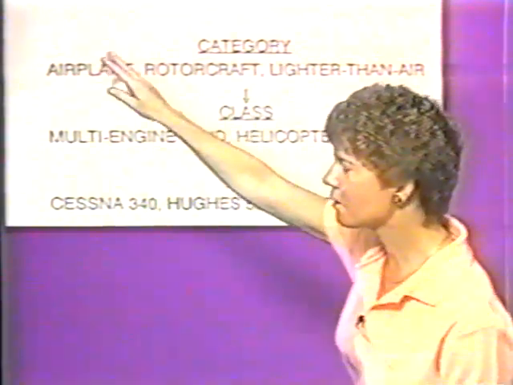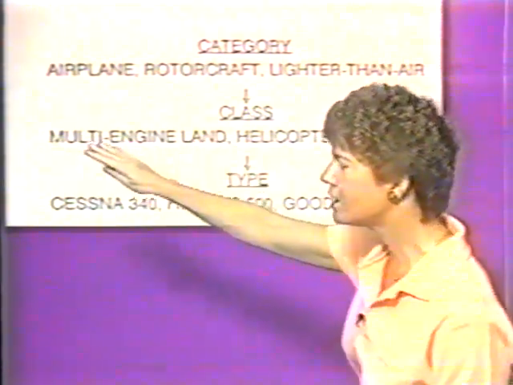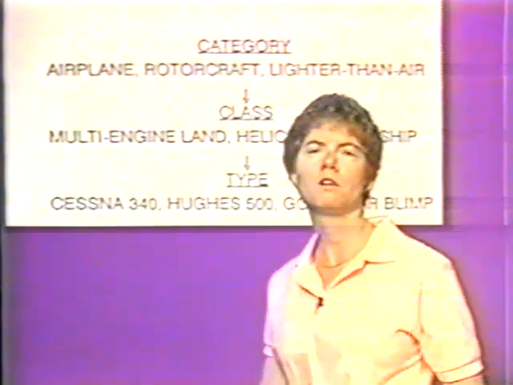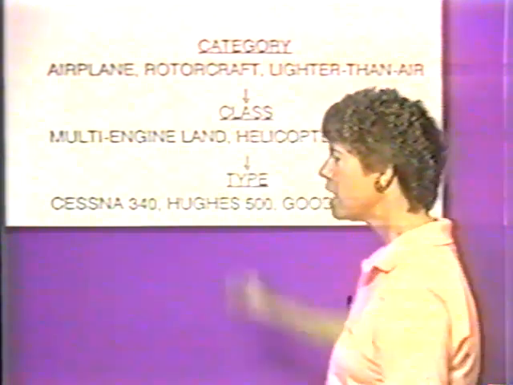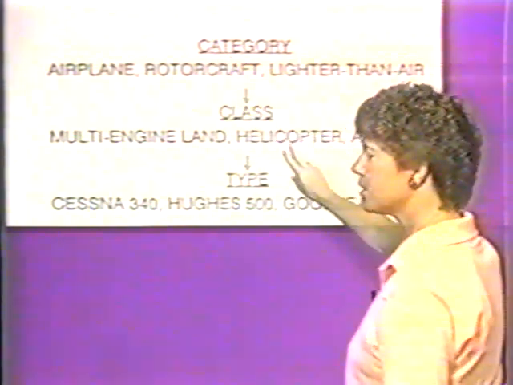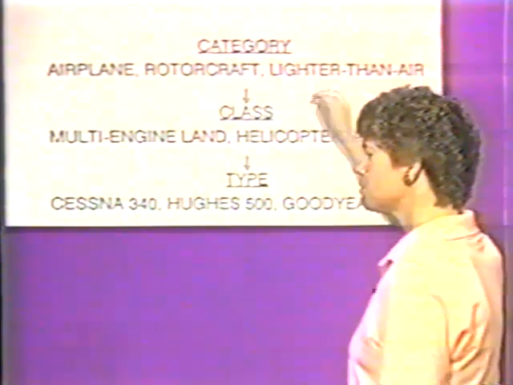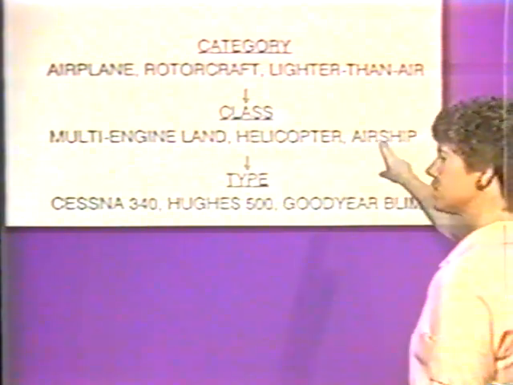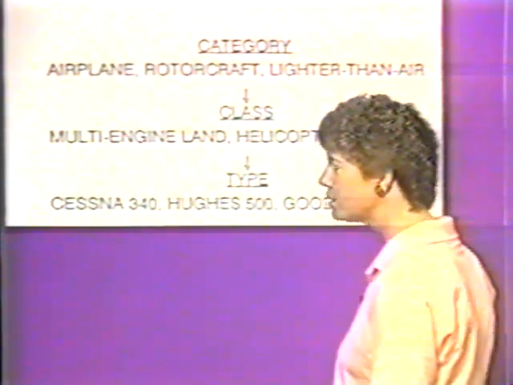For instance, under airplanes, we're showing the class of multi-engine land. You have additional classes under the category of airplanes of single-engine land, single-engine sea, multi-engine sea, and so on. Under rotorcraft, one of the classes is helicopters. You also have a class of gyroplanes. Under lighter than air, one of the classes is airship. You've also got a class of balloons, various kinds of balloons.